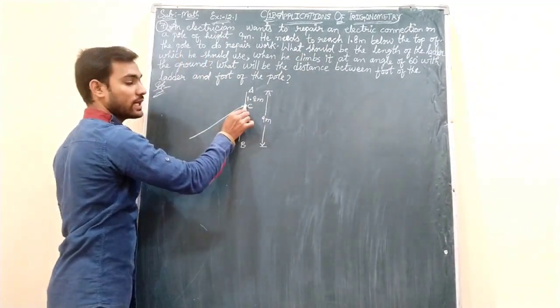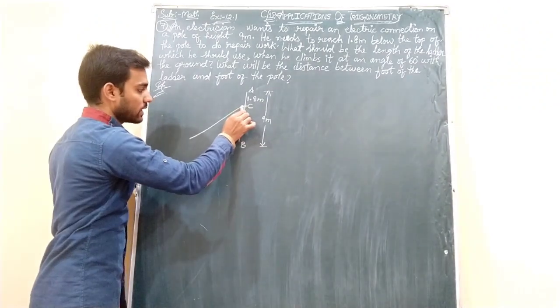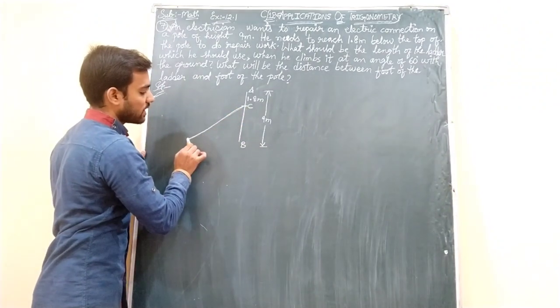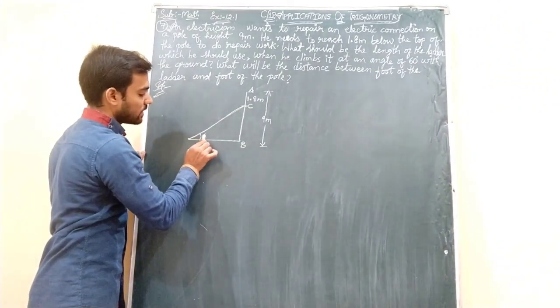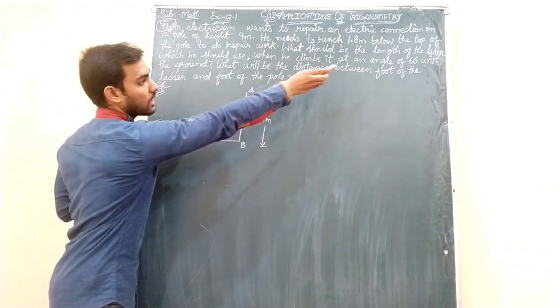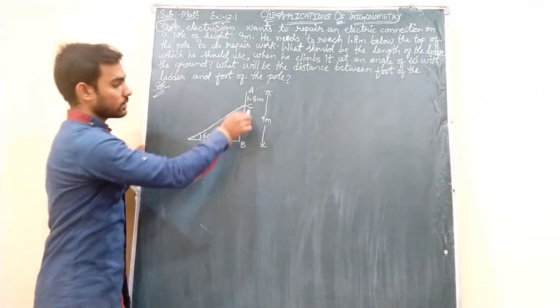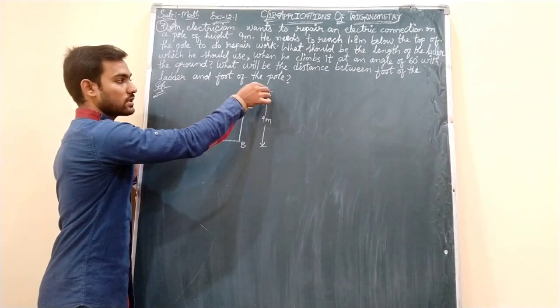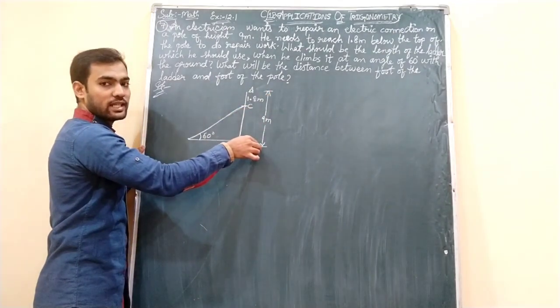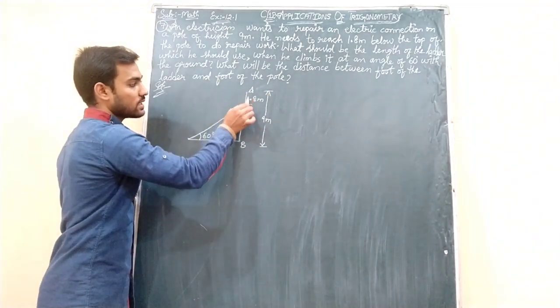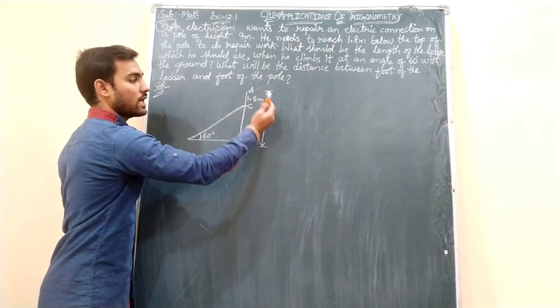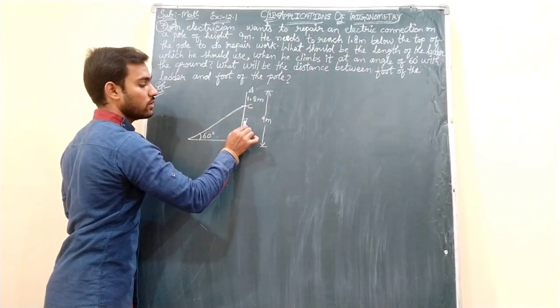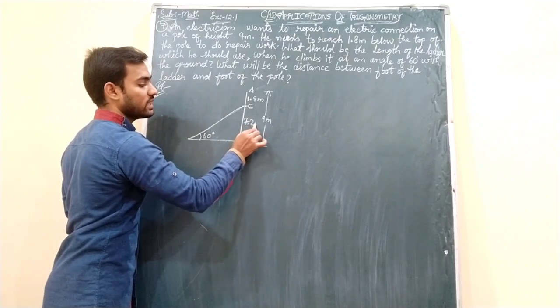Okay, so here that electrician will be doing some repair work. This is the ladder which is making 60 degree angle with the ground. Suppose from here to till here it is completely 9 meter. Okay, so if this is 1.8 meters, so 9 minus 1.8 gives you 7.2 meters.